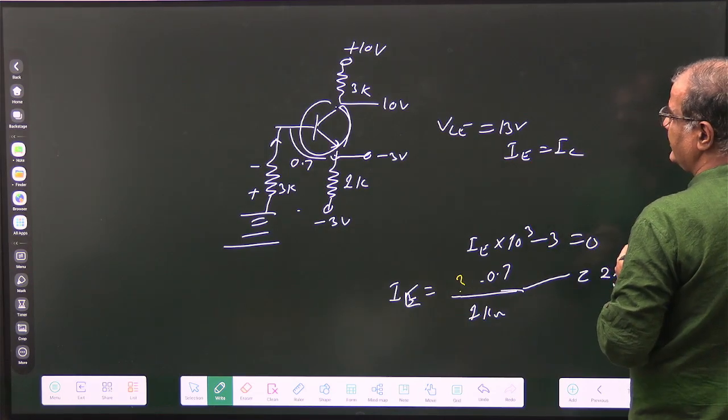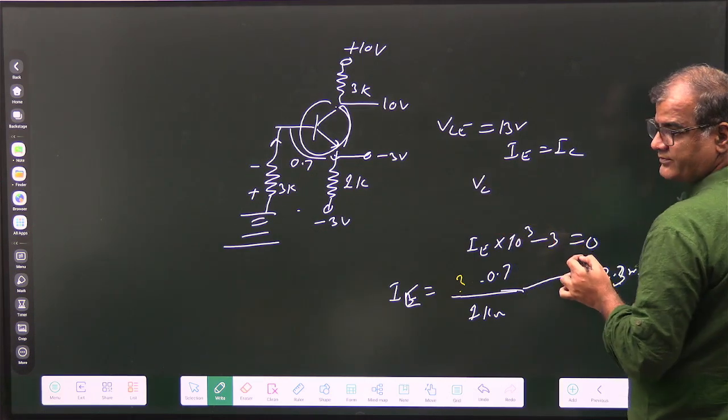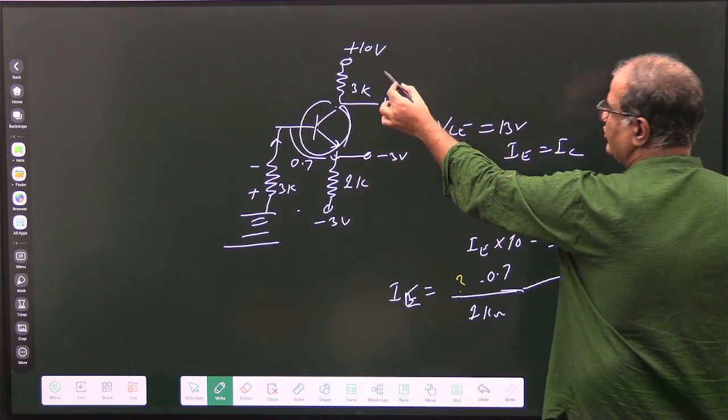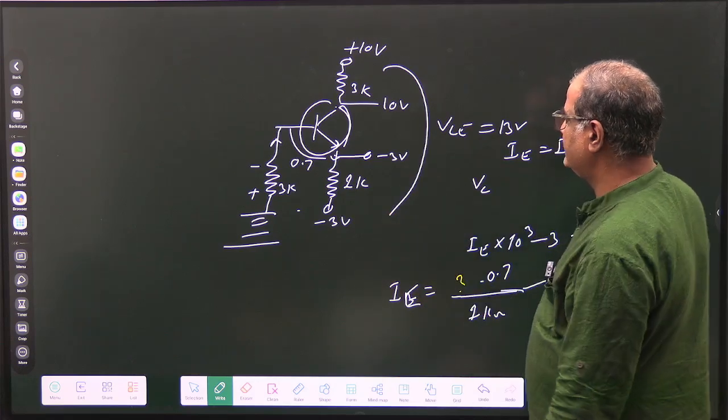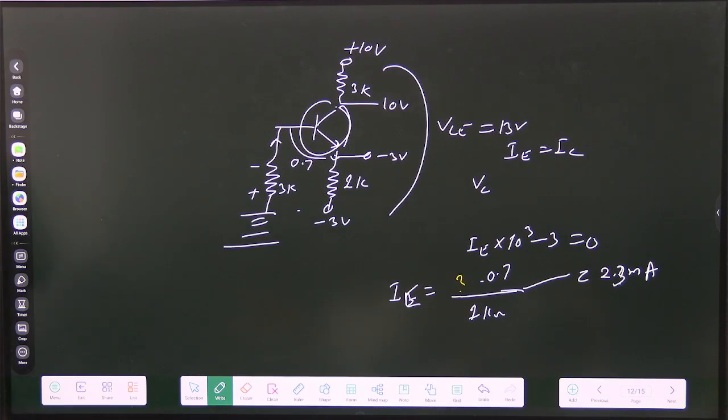Tell me now what is the voltage VC? How much? Now you write the loop equation here and tell me what the value is. VC is 3.1 volt.